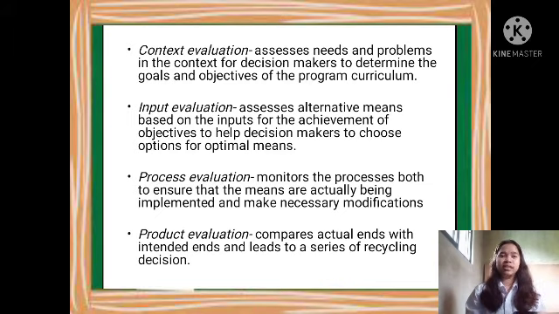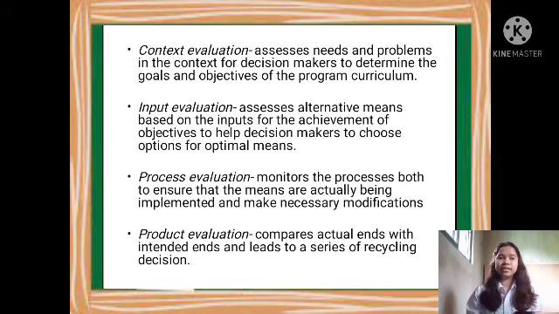It assesses needs and problems in the context for decision makers to determine the goals and the objectives of the program curriculum. So second is input evaluation. Assess the alternative means based on the inputs for the achievement of objectives to help decision makers to choose options for optimal means. So third is process evaluation.